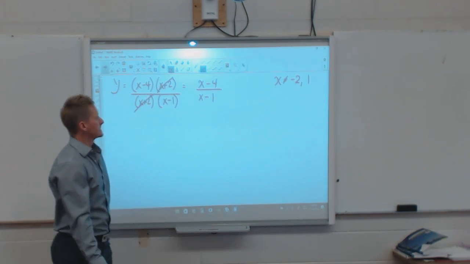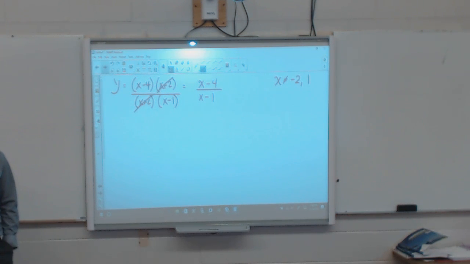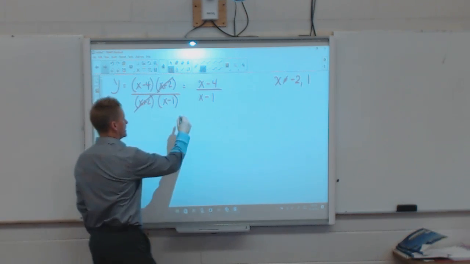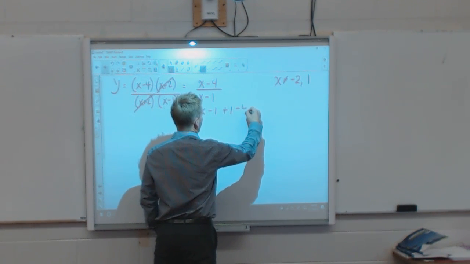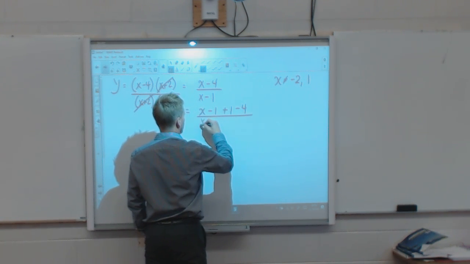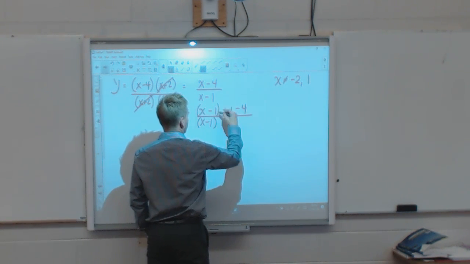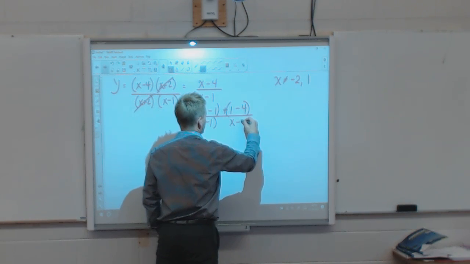That. And that's the graph of a rational function. So now I have to do what I learned today so that I can change the form and graph it, right? So let's change this form. So I go x minus 1 plus 1, subtract 4, over x minus 1, right?